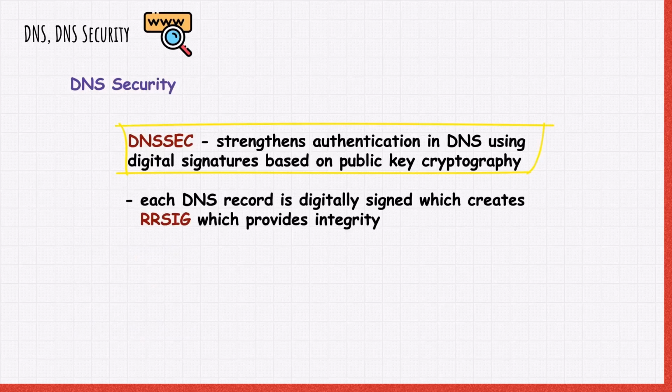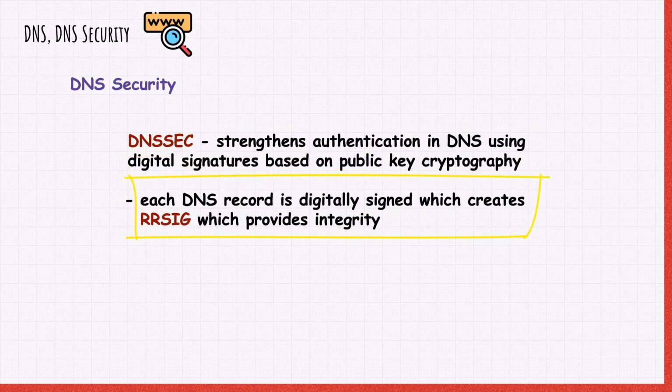DNSSEC strengthens authentication in DNS using digital signatures based on public key cryptography. Each DNS record is digitally signed, which creates something called an RR signature record that can prevent certain attacks since it provides some type of integrity for the records and the results that you get.